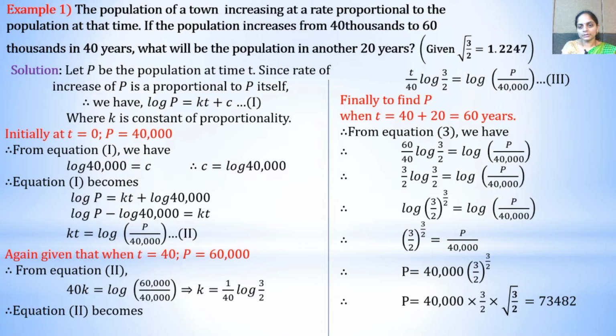Here root 3 by 2 is 1.2247. So we put the value of root 3 by 2, 1.2247, in this equation. So we get the value of P as 73,482. Therefore the required population will be 73,482.